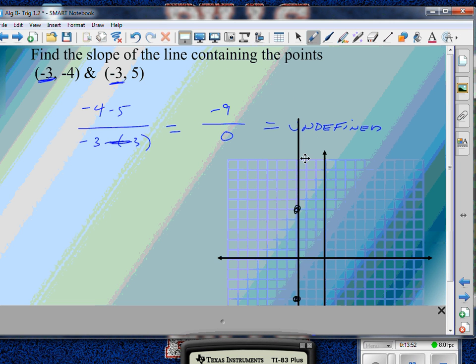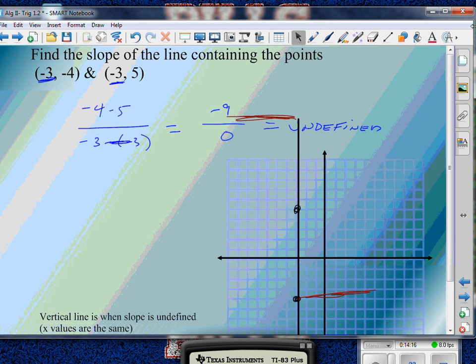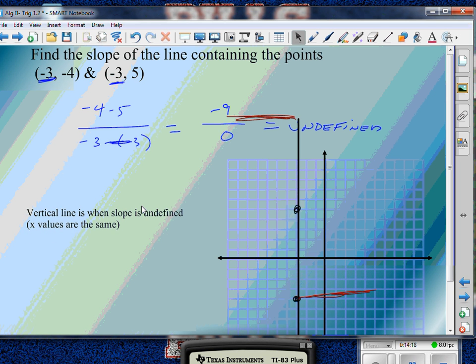How about this one? You cannot walk down there. Just keep straight, you're going to fall. You can climb it, but you cannot walk down. This is like a cliff. You can't walk an undefined slope. Anything that has an undefined slope is a vertical line.